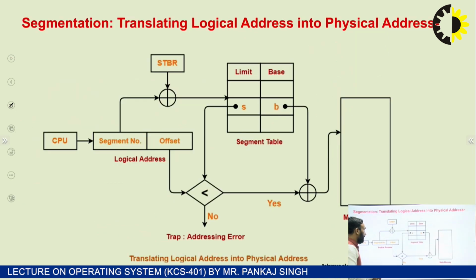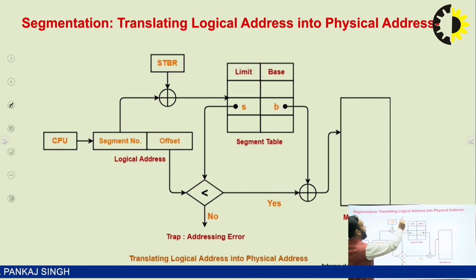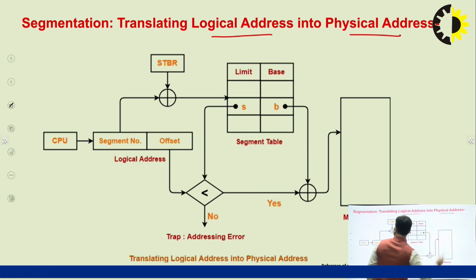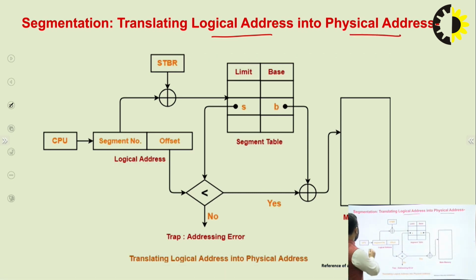Here we have a flowchart, or block diagram, showing how to convert a logical address into a physical address. As I said, the CPU calls the logical address. What does a logical address consist of? The segment number and the offset bits.